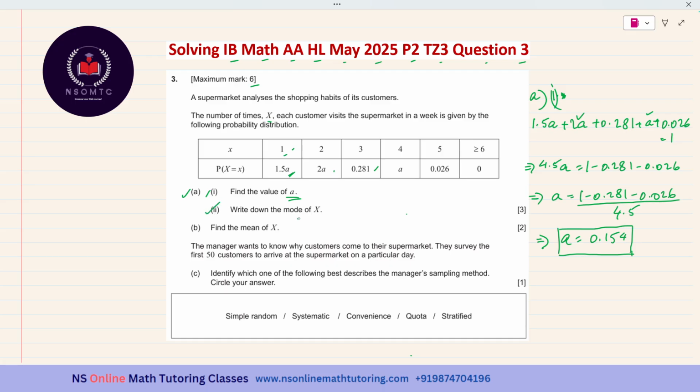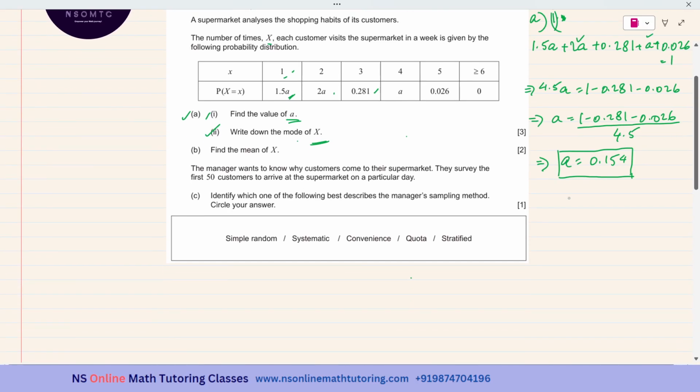Part (ii): write down the mode of X. The mode of X will be the X value for which the probability is the maximum. It will be the most likely outcome, that means the customer will most likely visit that many times in a week. First, let us get these probabilities, because otherwise we will not know which one has the maximum probability. A is 0.154, we know that.